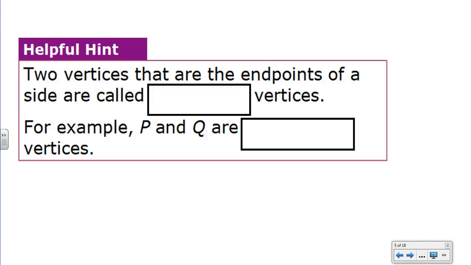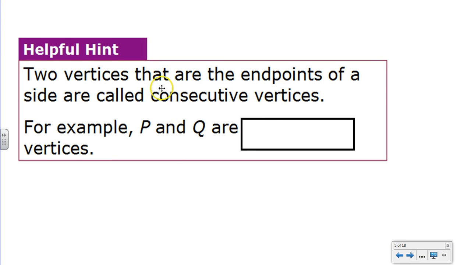Love these helpful hints. Two vertices that are the endpoints of a single side, we consider them to be called what types of vertices? It's like two students who are sitting next to each other. We consider them to be consecutive. Another way to say right next to each other.